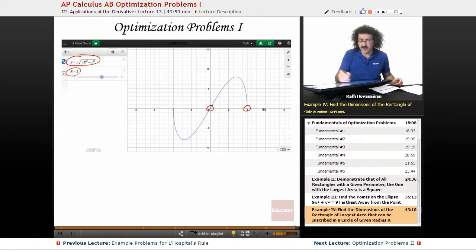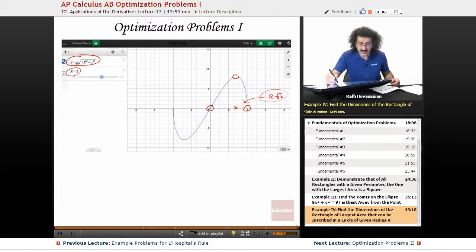I set the function equal to 0 to find the endpoints. When I put the endpoints into the area function, I'm going to get an area of 0. So 0 doesn't work. However, there is a point someplace here, which we found is r radical 2.